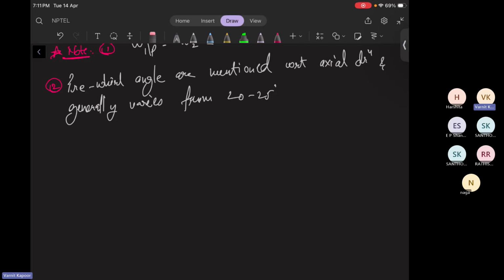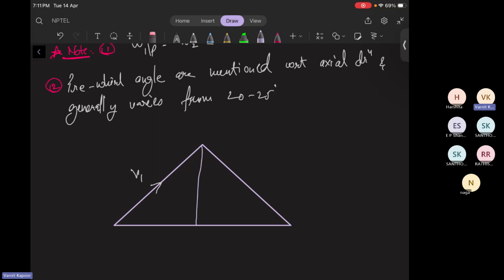So this is your velocity component, the absolute velocity V1. This is VF1. This is VW1. This was relative, and this is your blade velocity U. This was your angle alpha.